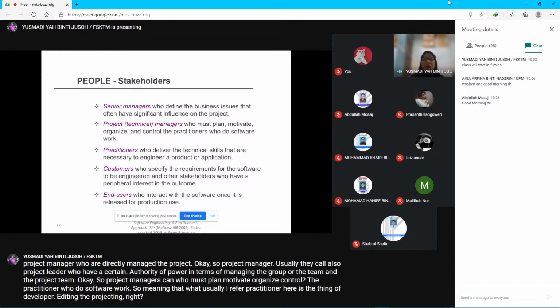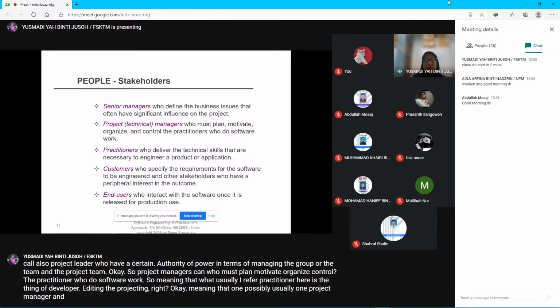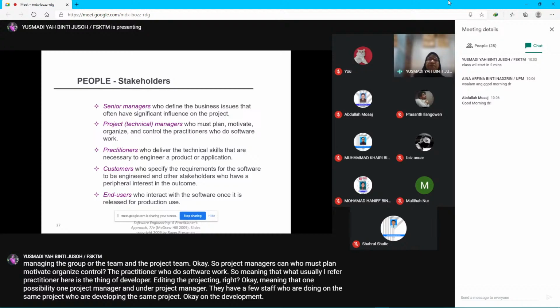Meaning that usually there is one project manager, and under the project manager there are a few staff working on the same project, who are developing the same project.